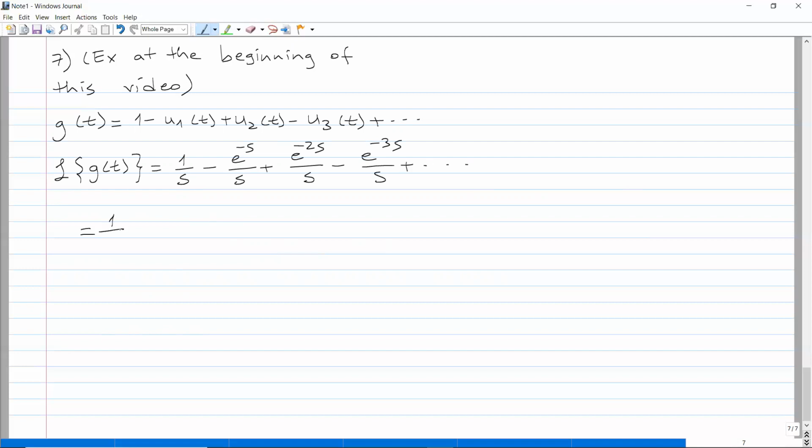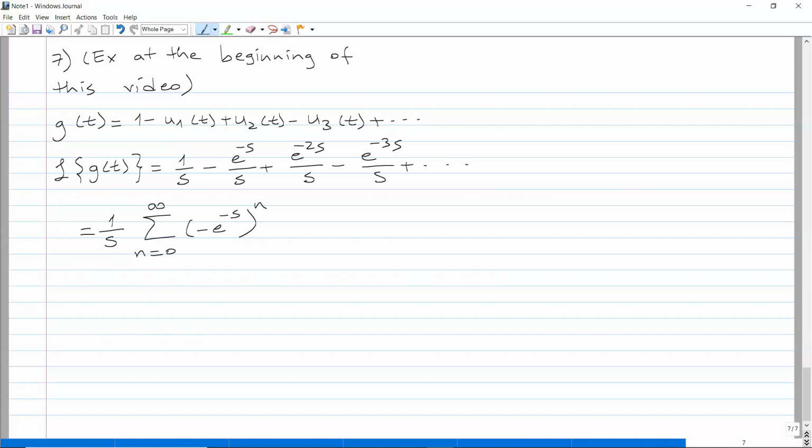So we have 1 over s times the sum n from 0 to infinity of minus e to the minus s to the power n, right? Because for n equals 0, it is 1. For n equals 1, minus e to the minus s.